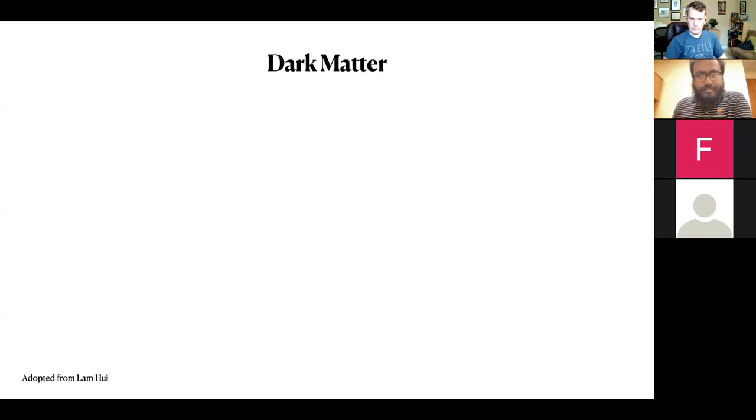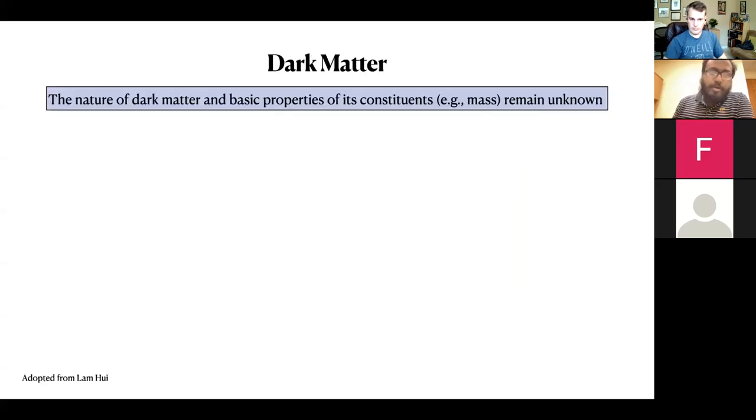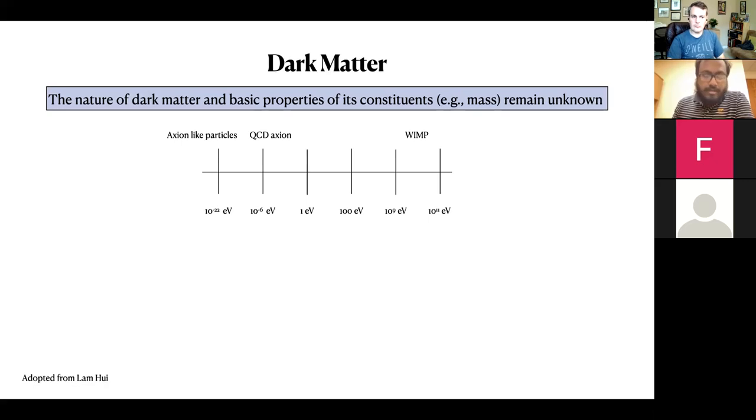Okay. So we know that we have ample evidence for the existence of dark matter, but we are still ignorant about some of the basic properties. We still don't know what the nature of dark matter is. We don't know what the mass of the dark matter particle is. And so the mass of the dark matter particle can lie anywhere in this sort of range. So it could be a weakly interacting massive particle, which is the most well-motivated candidate for cold dark matter.